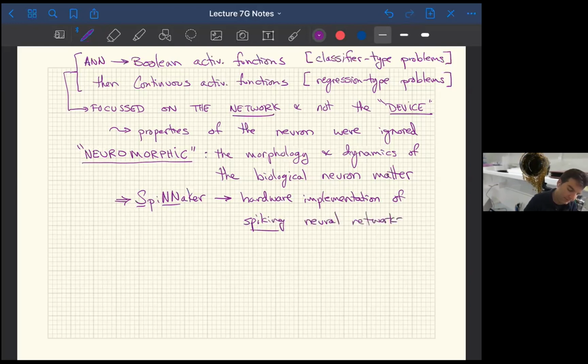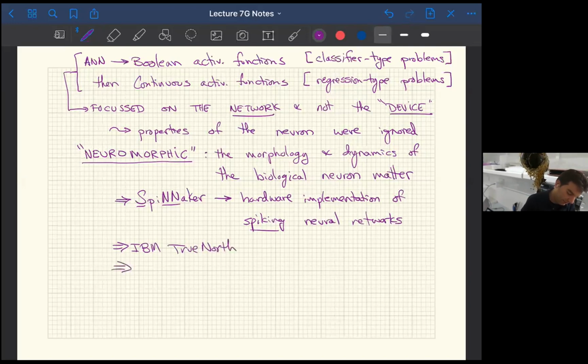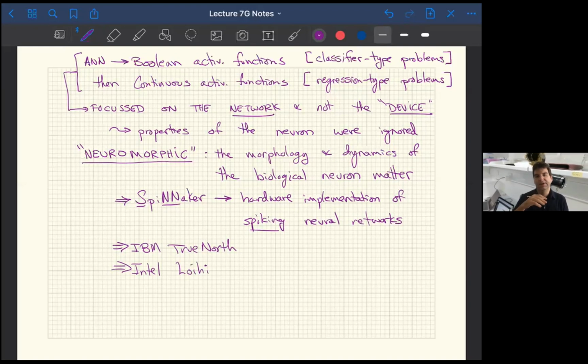And we'll get into what we mean by that in a second. Since then, bigger groups have gotten involved, like IBM. Some of you might be familiar with their TrueNorth processor, and a little more recently, Intel and their Loihi processor. These are higher levels of integration.